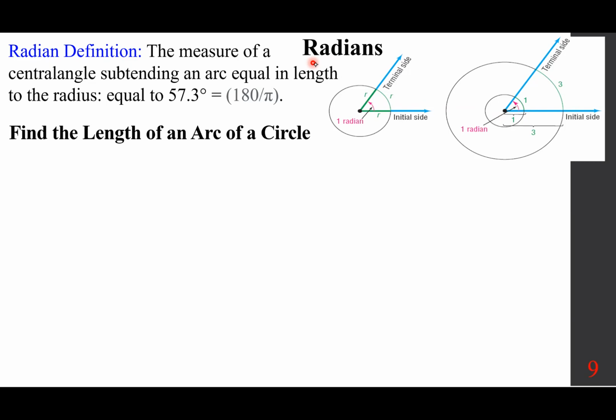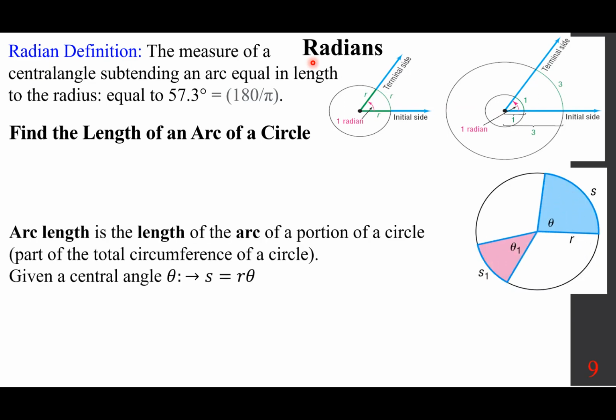All right. So to find the arc length, we know the formula is S equals r theta, and the proof is very simple. Theta over theta 1 is S over S sub 1. If we were to compare these two, this S means the length of this portion of the arc. S sub 1 is this portion.